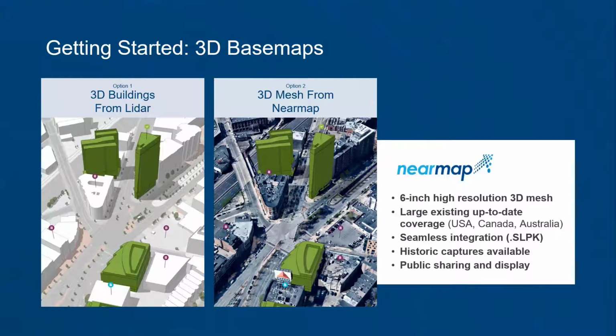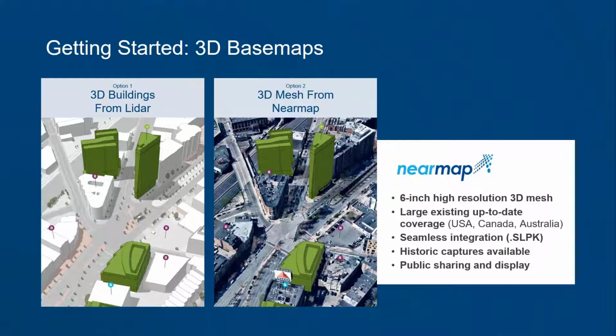For this step, you can leverage the free local government 3D base map solution that Esri offers. And if you do not have building footprint data, in most cases, you can use high-quality LiDAR to extract building footprint features.